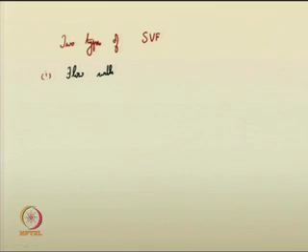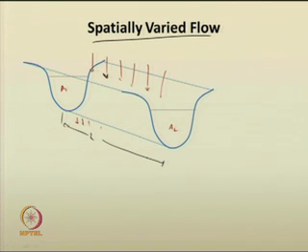There are two types of spatially varied flow, SVF in short form. Those are flow with increasing discharge, where within the reach the discharge is getting increased, say due to addition of water, so the discharge here will be more compared to section A1.